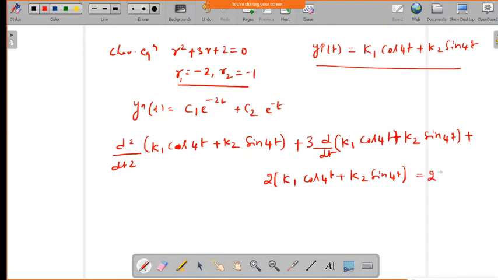So x of t is given by cos 4t into u of t, that is cos 4t, since u of t is 1.